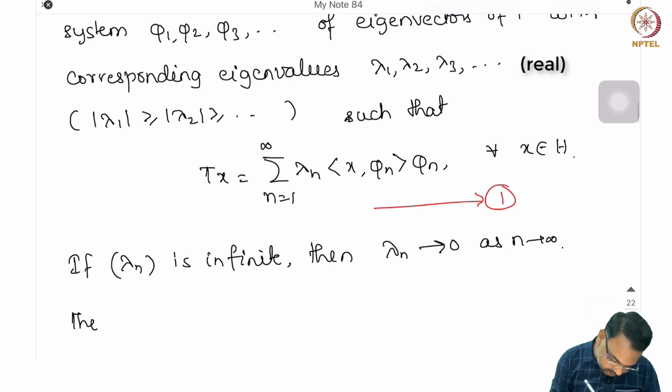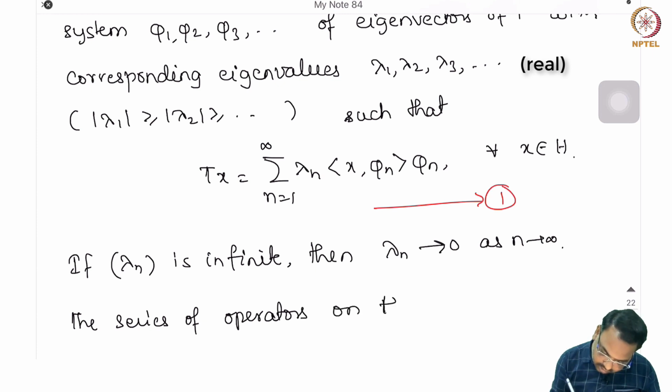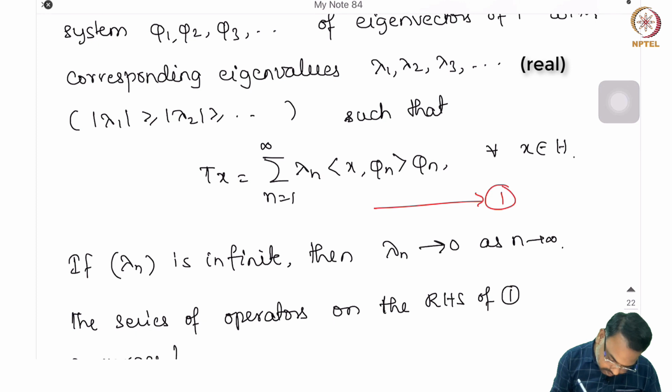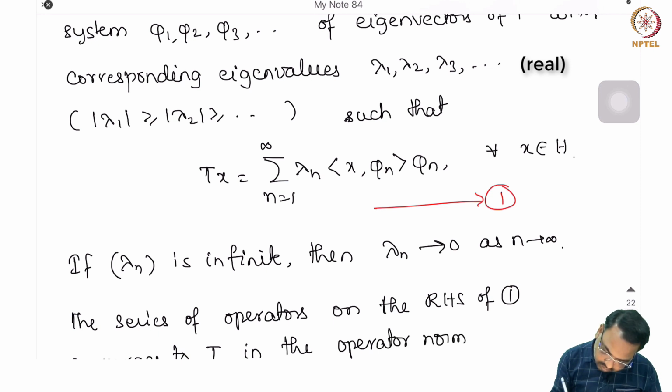So the series of operators on the right hand side of 1 converges to T in the operator norm of B(H).